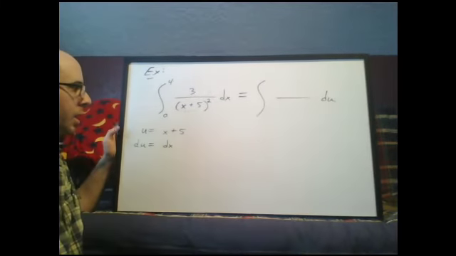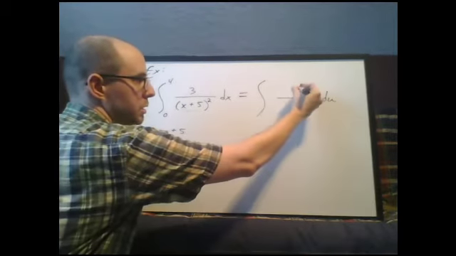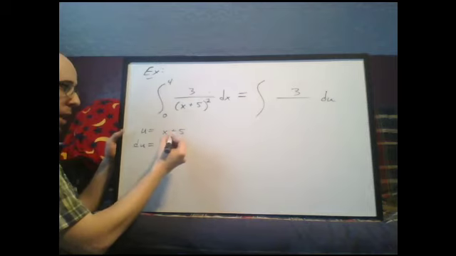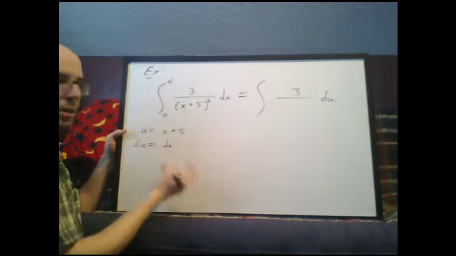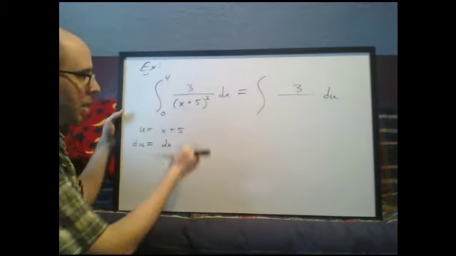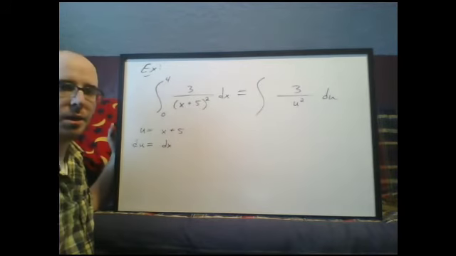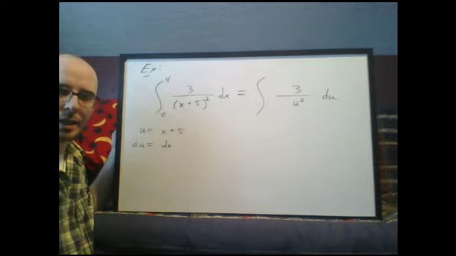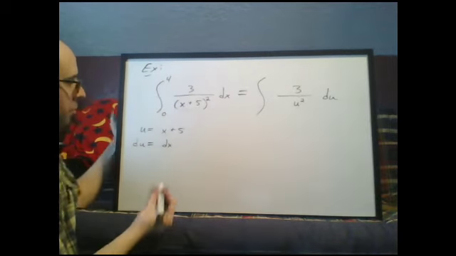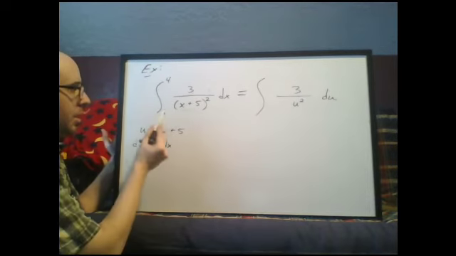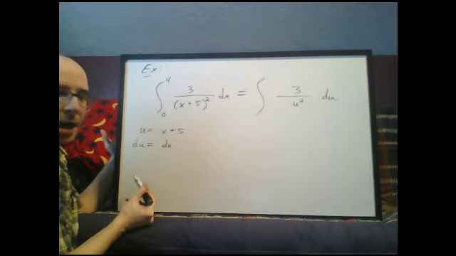And now I've got 3 on top still. x plus 5 is u. So in the denominator I have u squared. And that's going to be something I can integrate. But let's also fix the bounds.